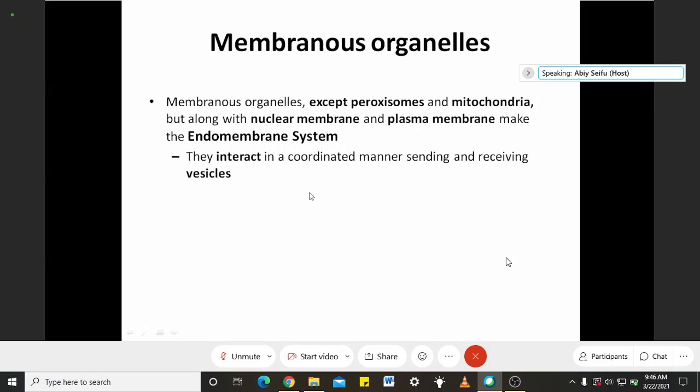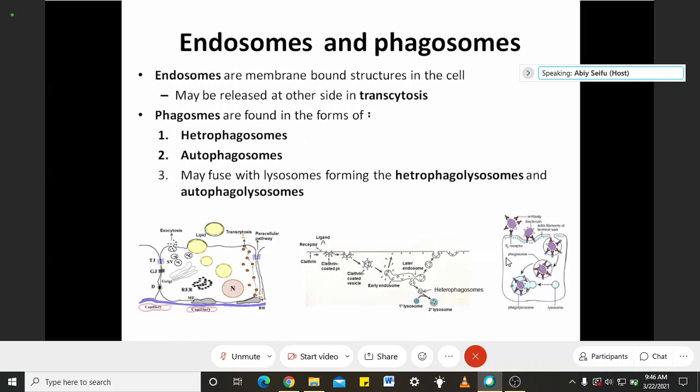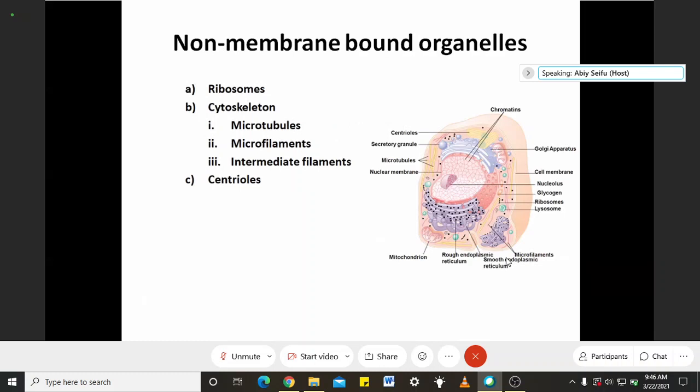Therefore, this is what I can tell you about the important organelles which require a specific and unique environment for themselves, and as a result, are wrapped by their own membranes. And we call these membrane-bound organelles, which are different from those which are found free within the cytoplasm, and these are named as non-membrane-bound organelles.